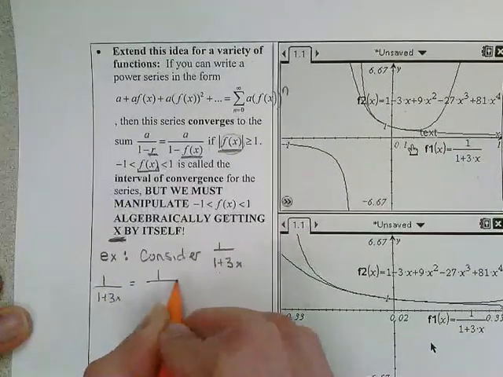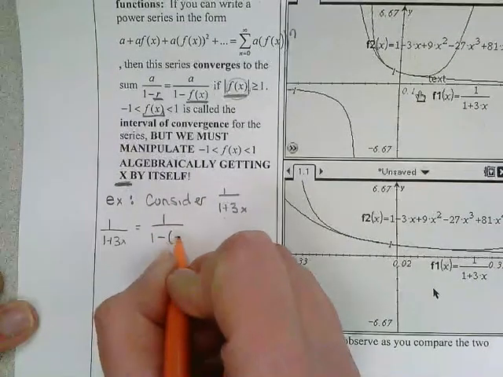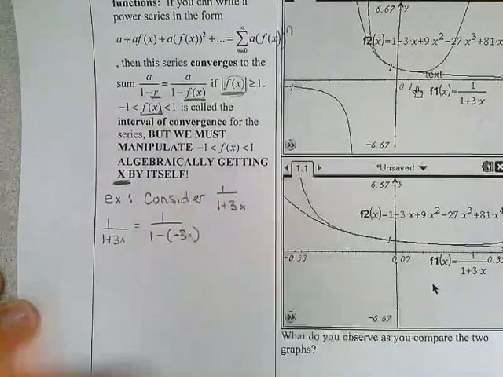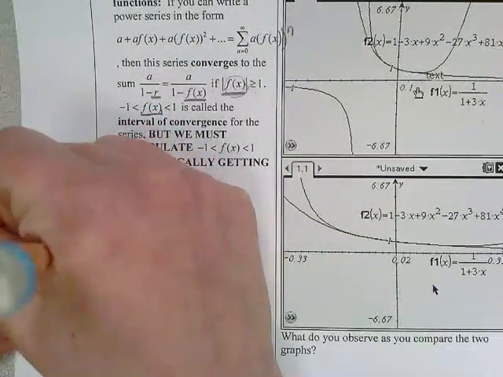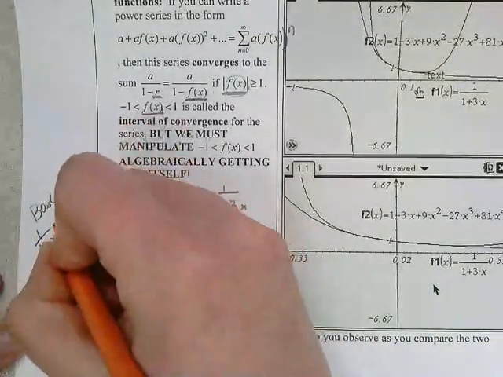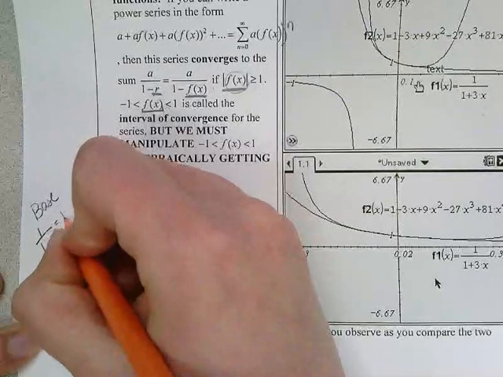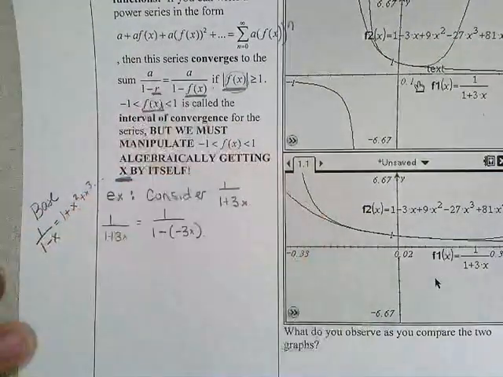So this becomes 1 over 1 minus negative 3x, right? Because our base, remember, looks like this, 1 over 1 minus x. So I want to get it to look like this, because if I can, then I can say that this is equal to this, and so on.